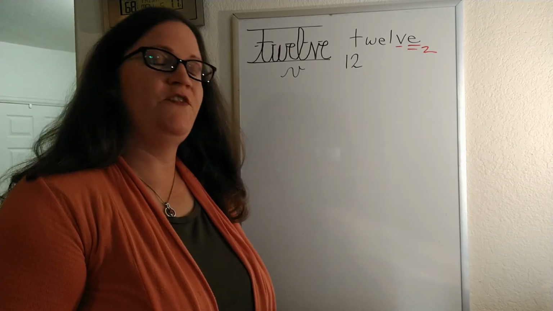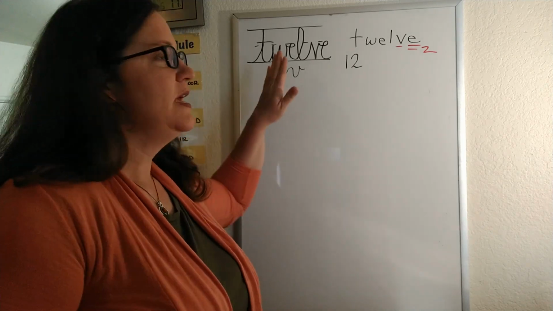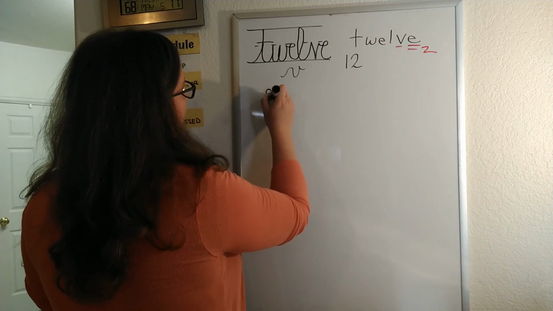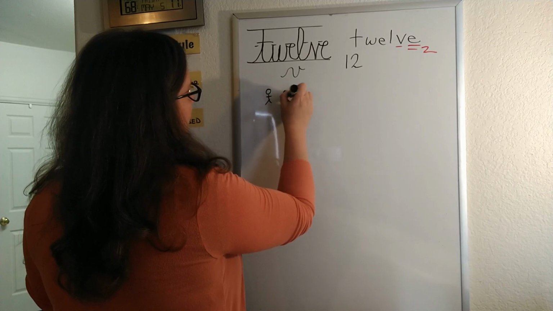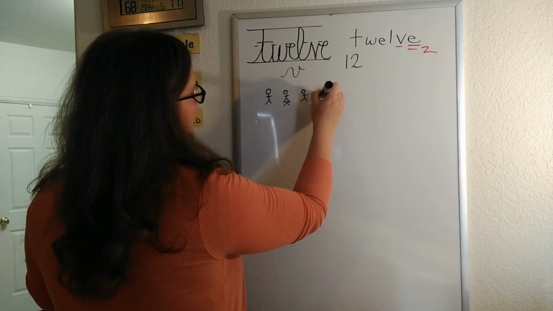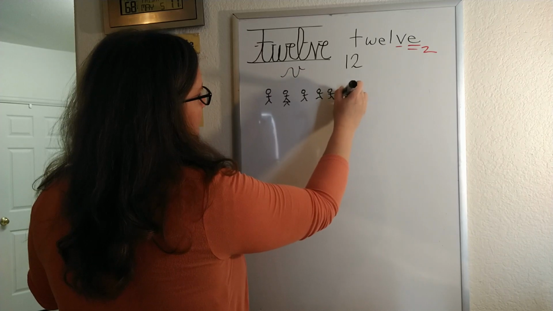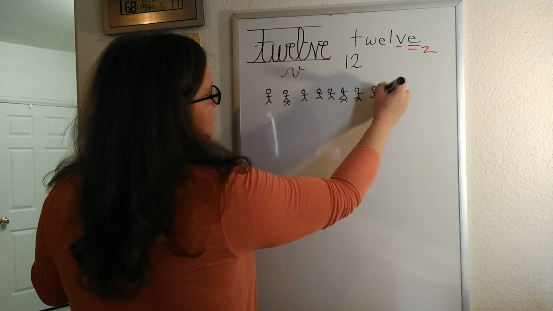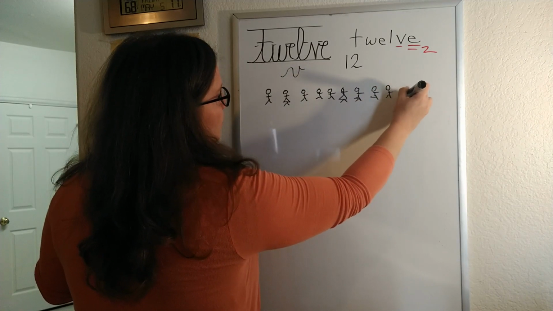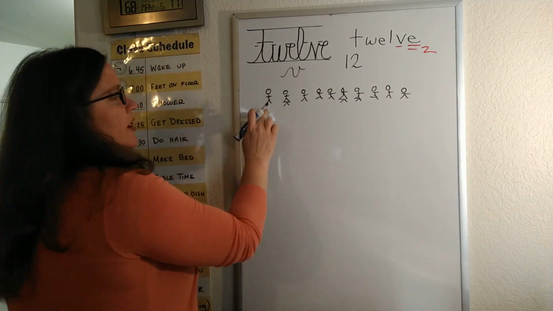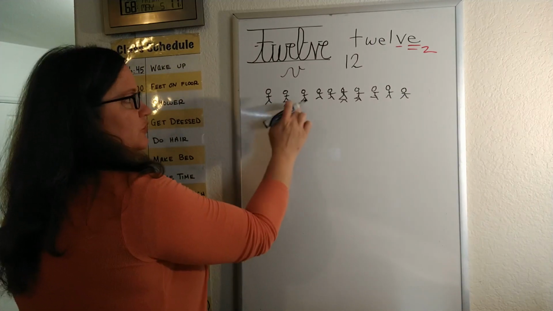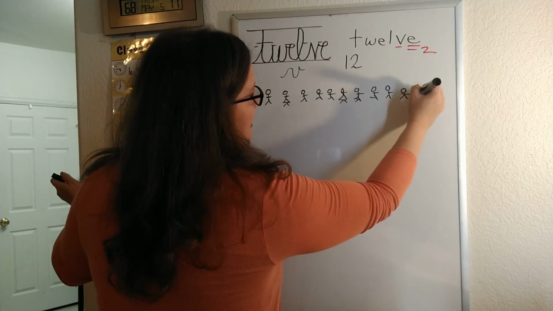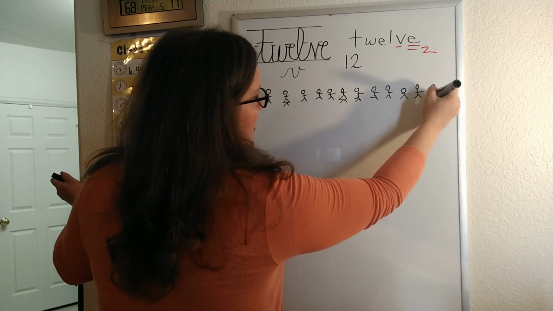Our next word is a version of 12. It's 12th. So if I have a line of people or things, I could count them 1, 2, 3, 4, 5, 6, 7, 8, 9, 10, 11, 12, right?